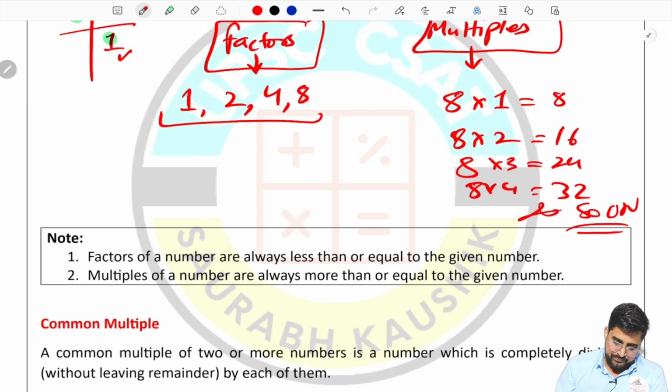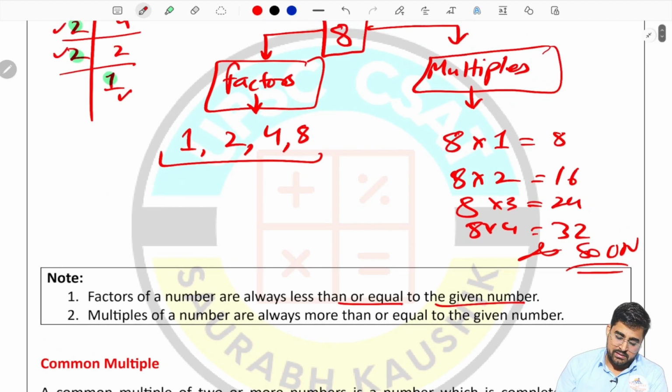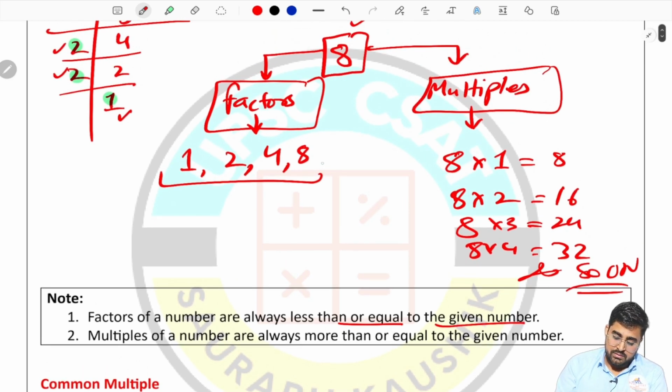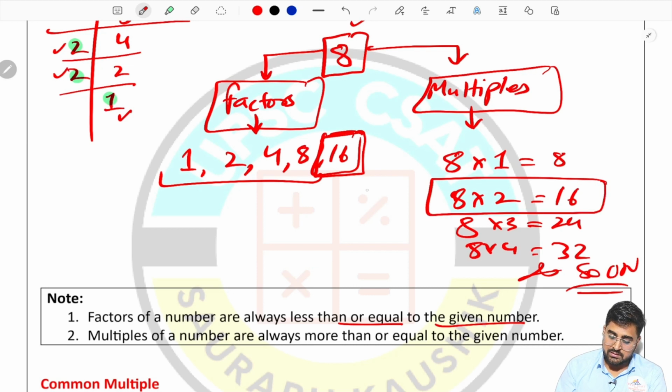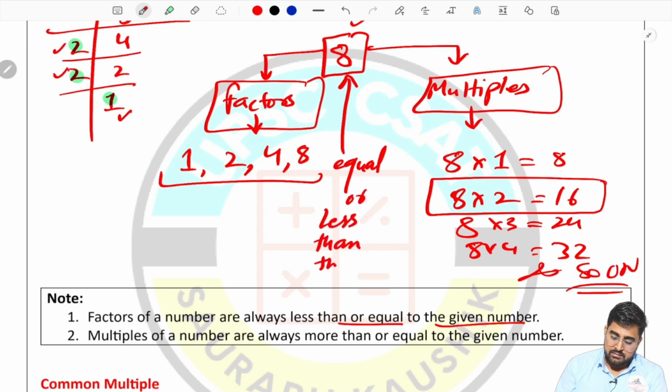Now let's move ahead. Factors of a number are always less than or equal to the given number. Obviously, if a factor were more than 8, for example 16, then this will become a multiple, not a factor. So the first requirement of a factor is that it should be equal to or less than the number itself.